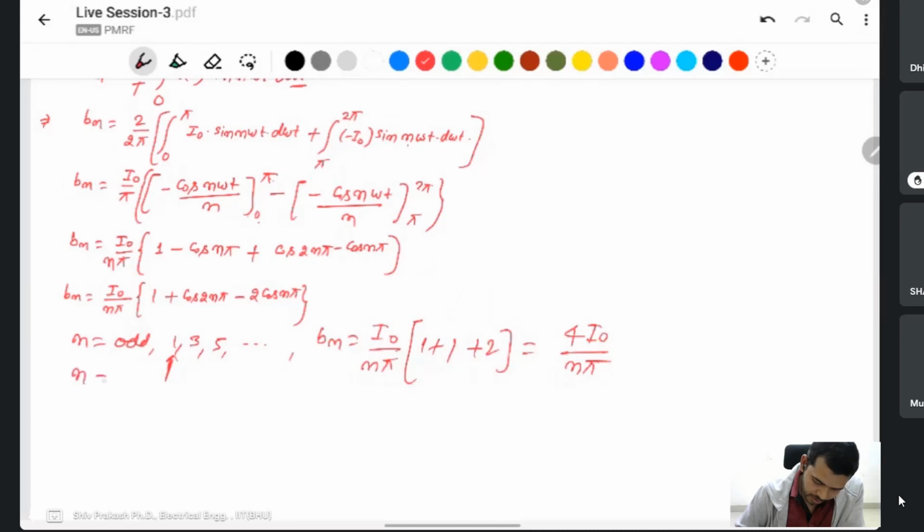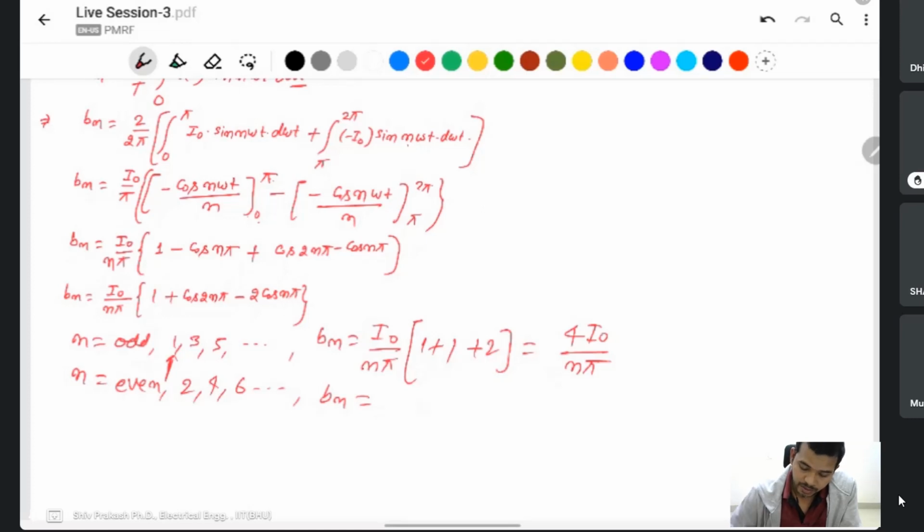If n is even, meaning 2, 4, 6 like that, then you put 2 here and find 4π and 2π.